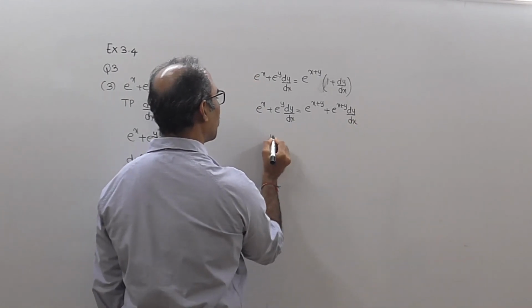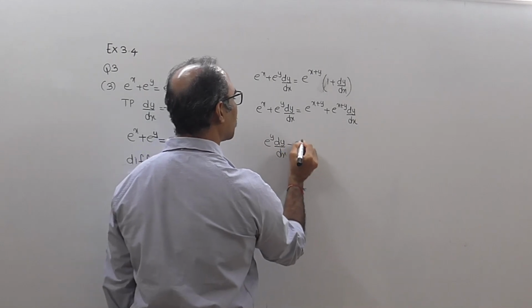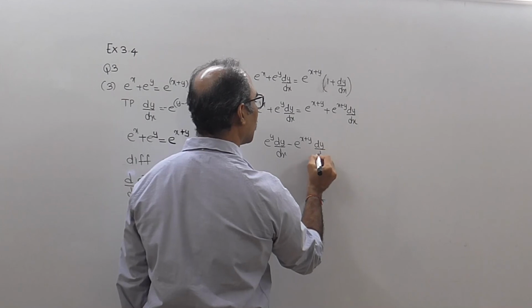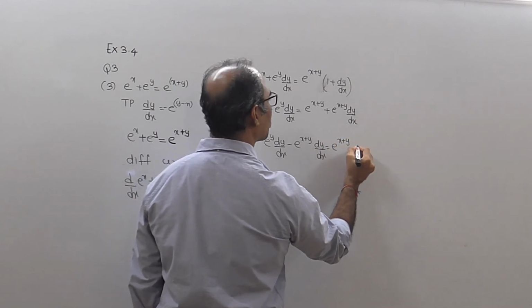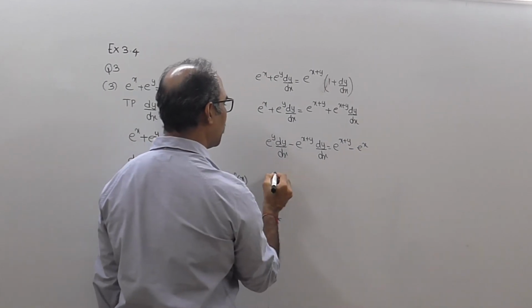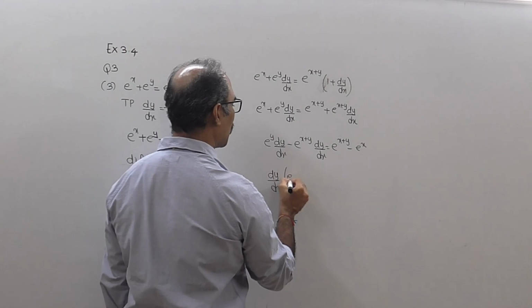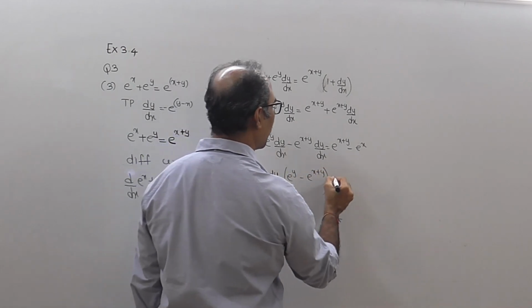So this will be e raised to y dy by dx minus e raised to x plus y dy by dx equal to e raised to x plus y minus e raised to x. Take dy by dx common, you get e raised to y minus e raised to x plus y.